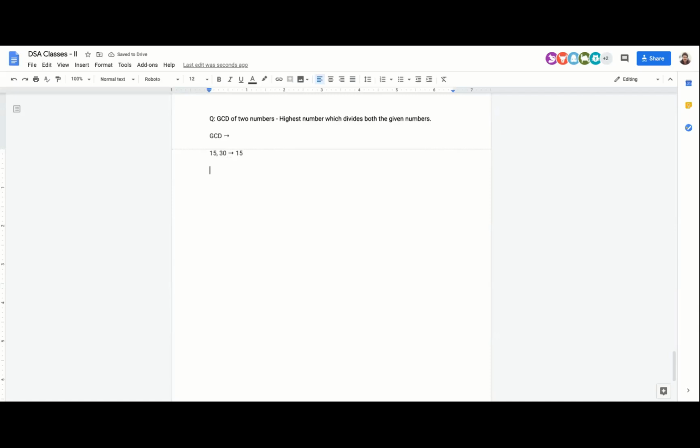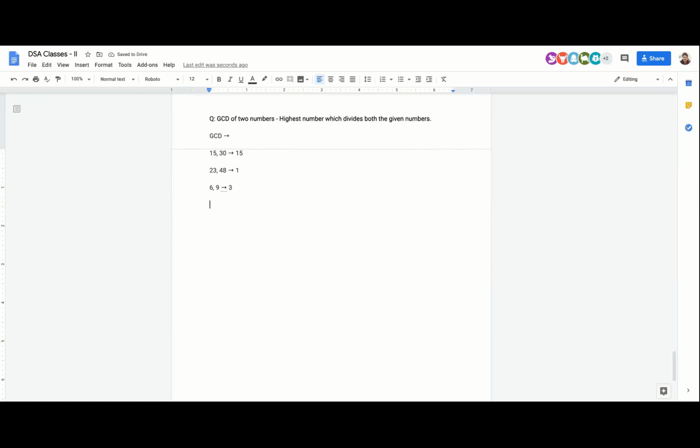Let's say you have to find the GCD between 23 and 48, then what will the GCD be? The GCD will be 1 in that case, correct? Now let's say I have to find the GCD between 6 and 9, then the GCD will be 3.